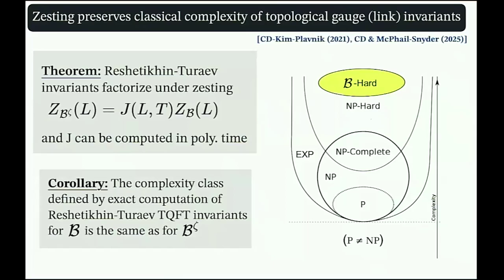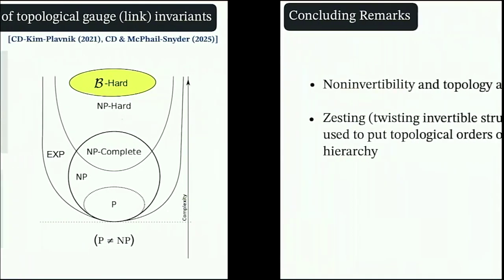Generically, maybe I have a modular tensor category, and the link invariants carve out some space in there. If I replace B with B's zesting, it's going to occupy that same space. So not only is the quantum computational power of these theories preserved under this construction, but so are these topological gauge invariants. Their complexity class is preserved.